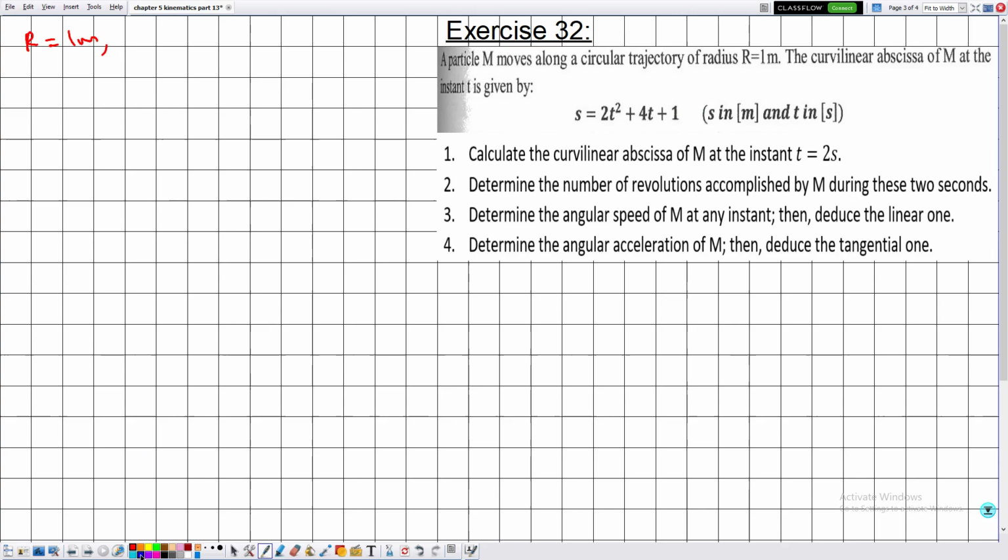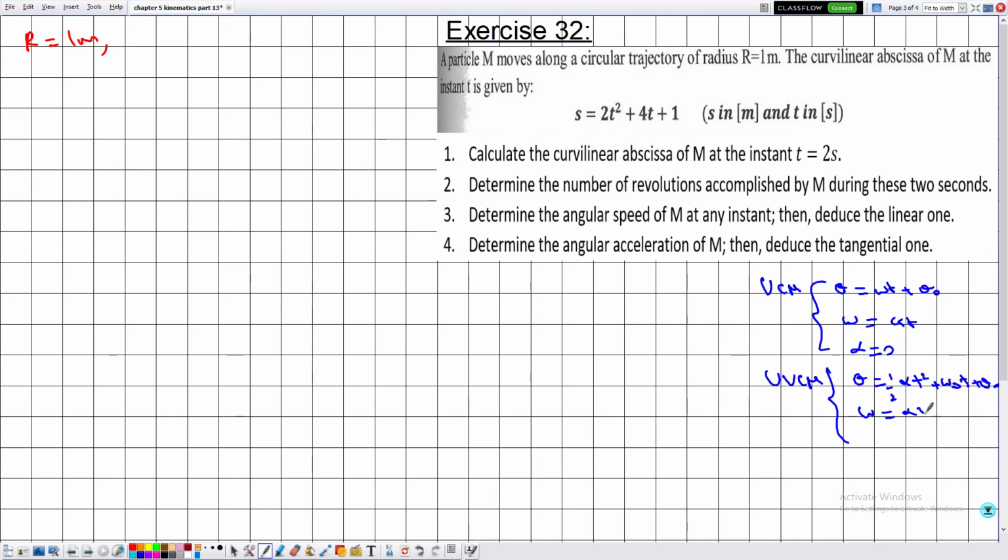Let me write on the scratch the equations of UCM and UVCM. So theta is equal to omega t plus theta 0. Omega is equal to constant and alpha is equal to 0. Whereas for the case of UVCM, we have that theta is equal to half alpha t square plus omega 0 t plus theta 0.